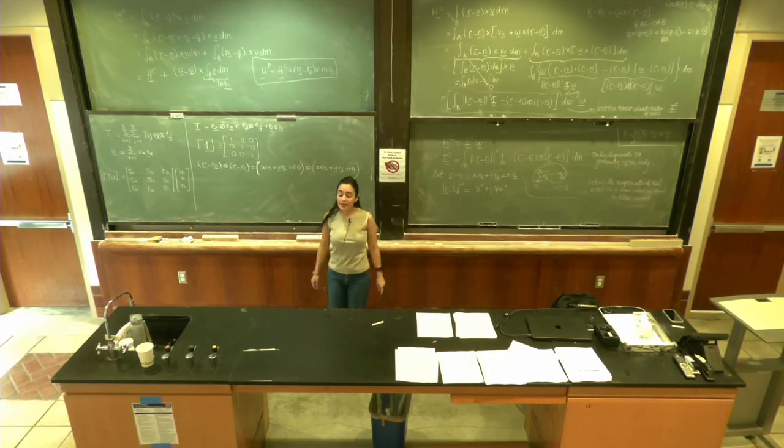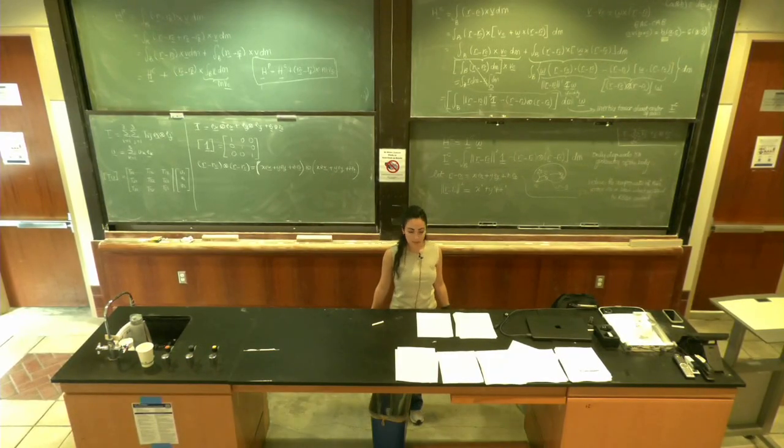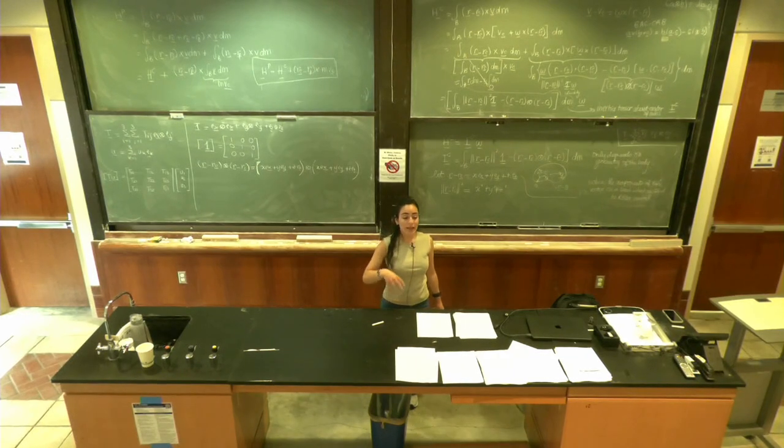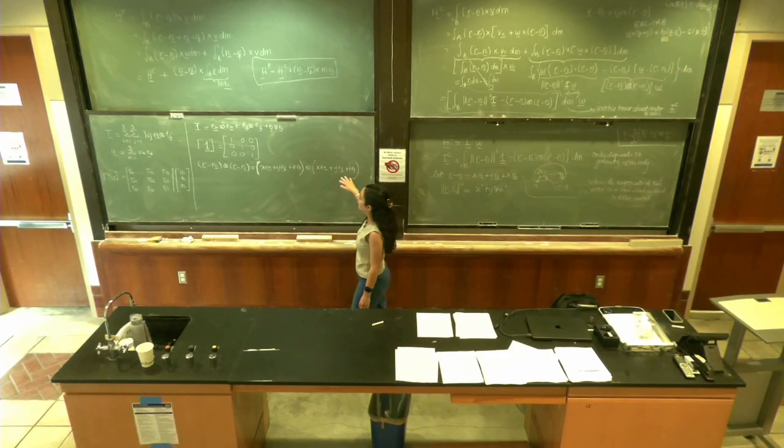Okay, take a minute, write the matrix representation of this tensor here. I'm happy to help if you have any questions, but try to do it yourself. Write the matrix representation of this tensor.